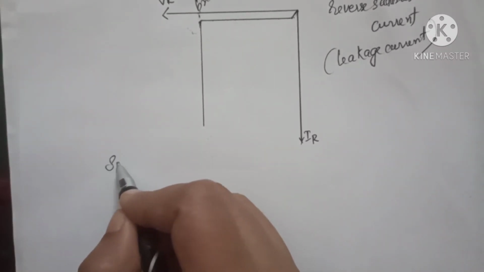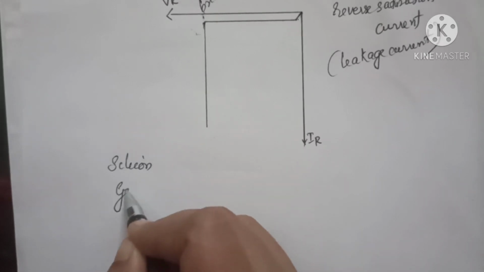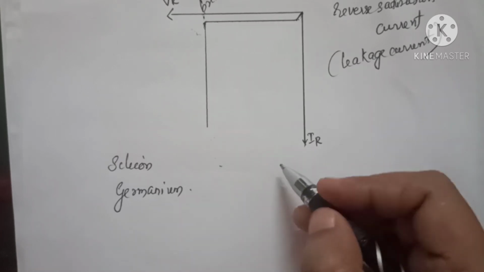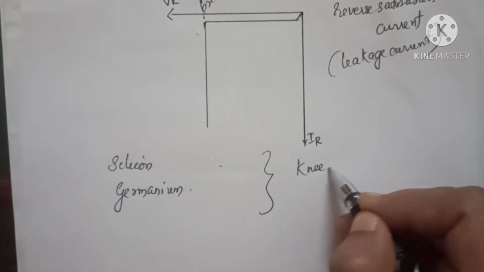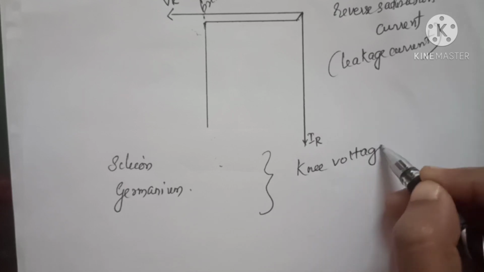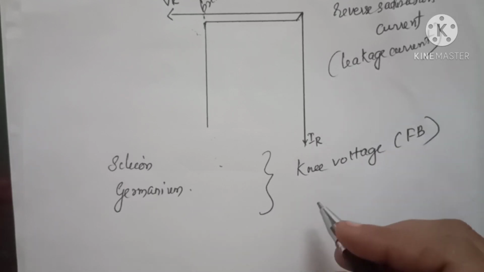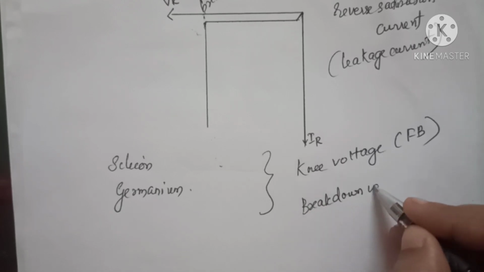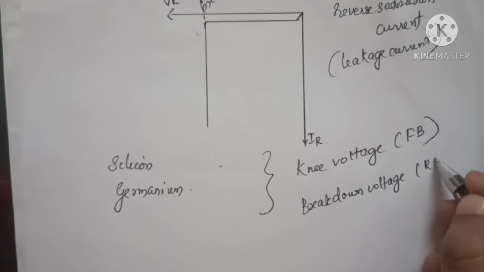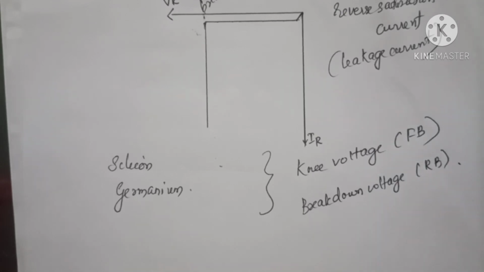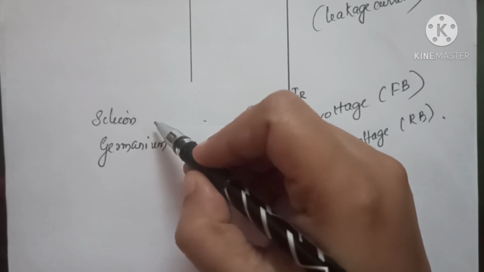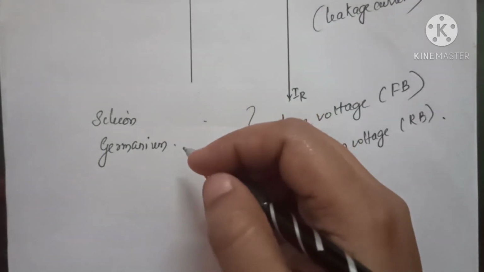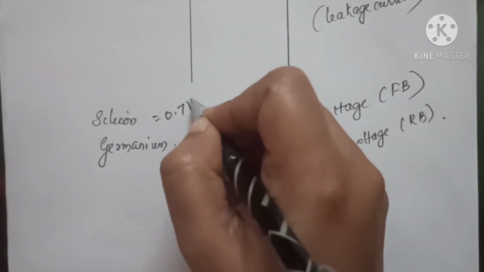Now, as I told, there are different types of semiconductors. Mainly we have discussed silicon and germanium. We have discussed two terms here: the knee voltage in the case of forward bias, and the breakdown voltage in the case of reverse bias. For silicon, the knee voltage or threshold voltage is 0.7 volt.